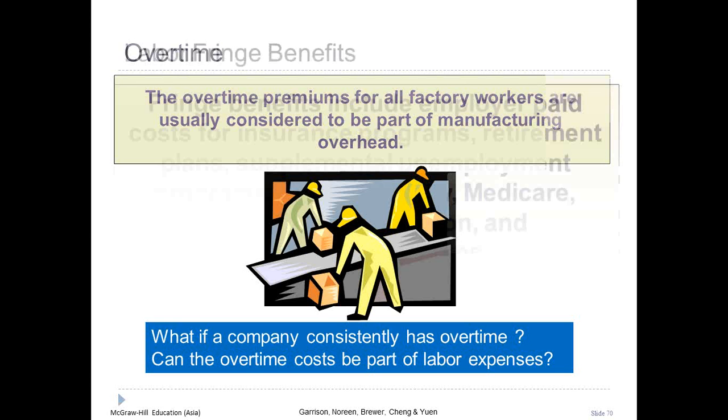These costs often add up to 30 to 40% of an employee's base pay. Some companies include all of these costs in manufacturing overhead. Other companies opt for the conceptually superior method of treating fringe benefit expenses of direct laborers as additional direct labor costs.